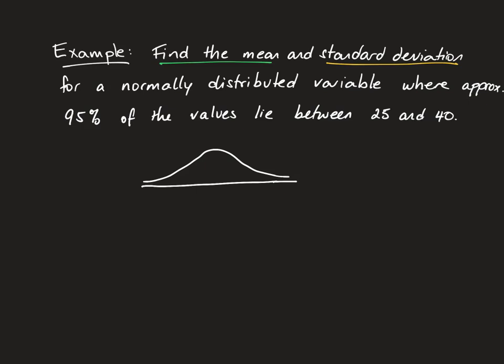For 95% of our values, we are 2 standard deviations out from the mean. 1, 2, 1, 2. And these values are 25 and 40. The first thing we can find is the mean.